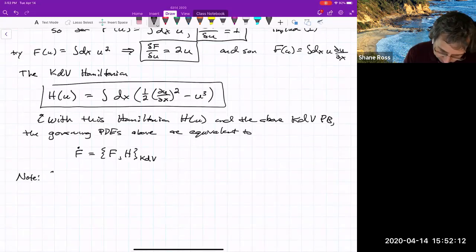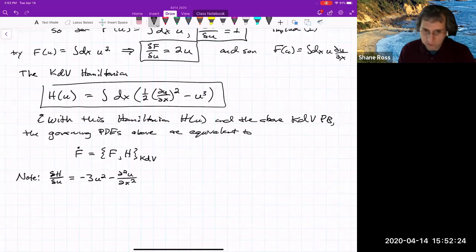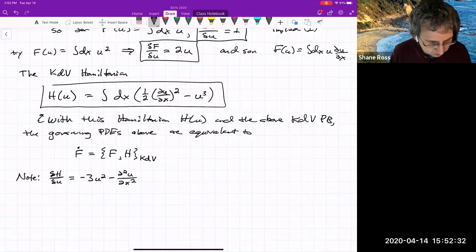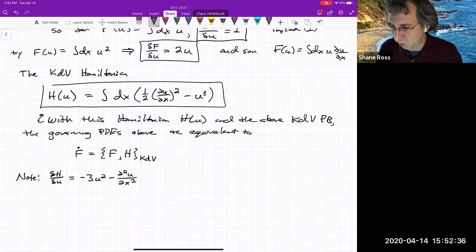Now, if we were to take the functional derivative of h with respect to u, this is what we would get: minus 3u squared minus the second derivative of u with respect to x. You have to keep in mind when you do these integrals, if you do integration by parts, that u and all of its derivatives go to 0 at infinity. That's important for evaluating this.